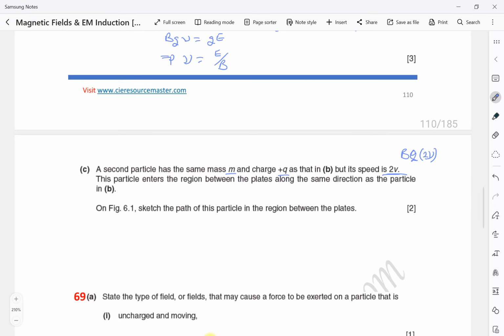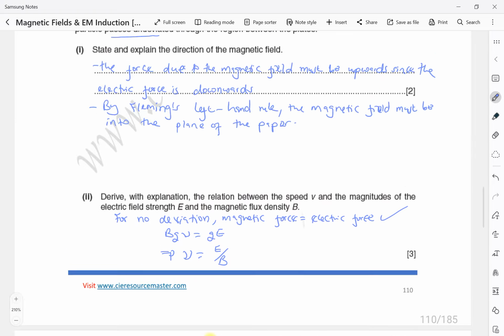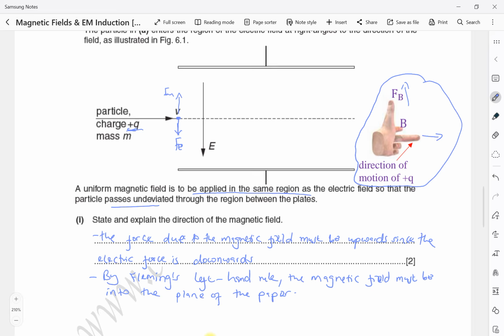So now that the speed has been changed, the new magnetic force is going to be BQ into 2v, which is twice BQv. So now the magnetic force is greater than the electric force, because initially they were equal. Now the magnetic force is greater than the electric force because the speed has been doubled. So that means the resultant force is in the direction of the magnetic force. Therefore, the particle will be deviated towards the upper plate.